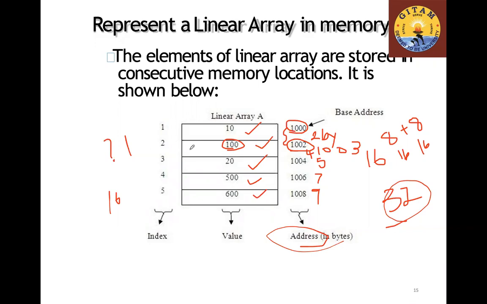So now you can clearly see that the definition of array is matching, right? What is the definition of array I have told you? Array comes under which category? Non-primitive.